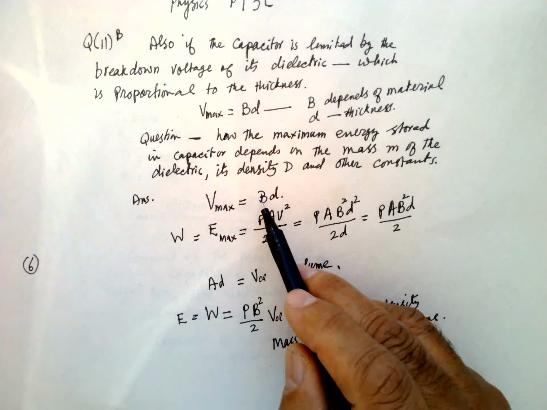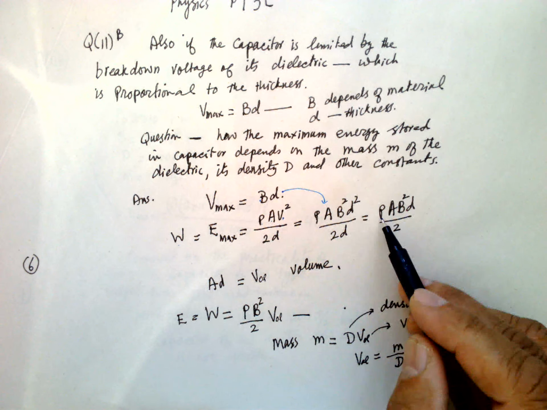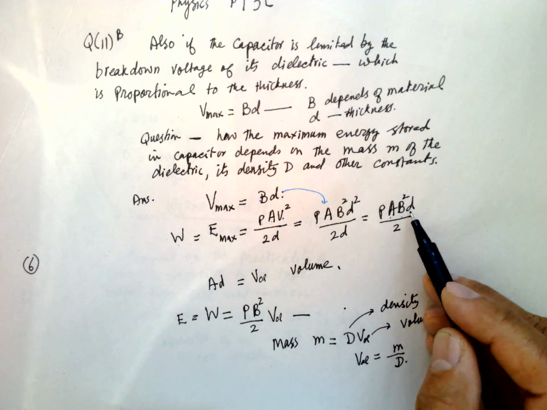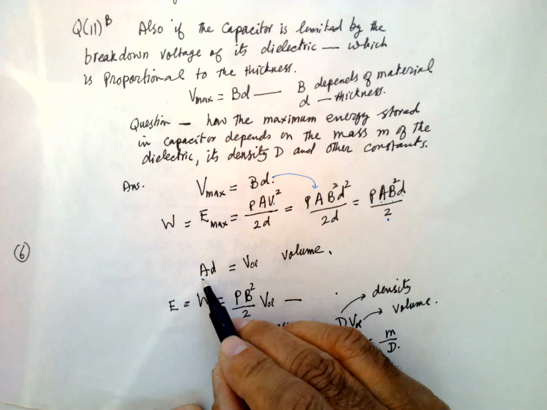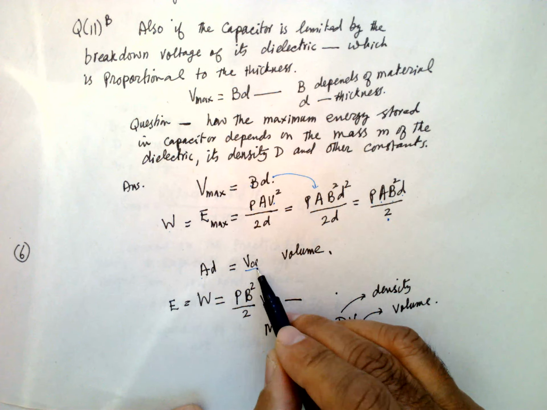So W, the work done, is equal to the energy. The energy we have just calculated is P area into V square over 2D. V is a maximum, so we substitute this value. So this is equal to P area B square into D divided by 2. The volume is AD, where A is area and D is the thickness, so this is equal to volume.